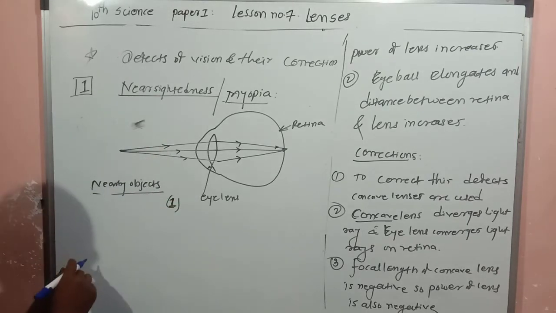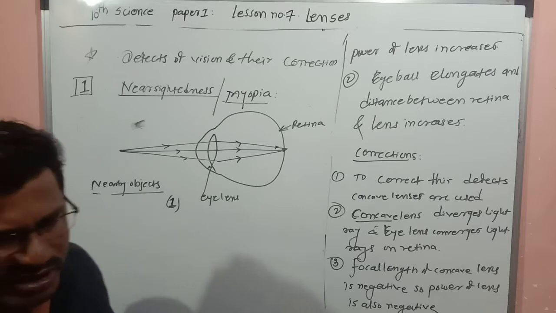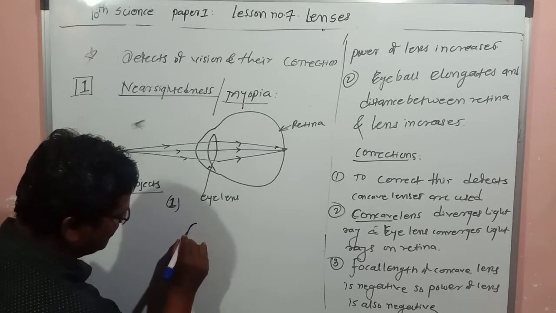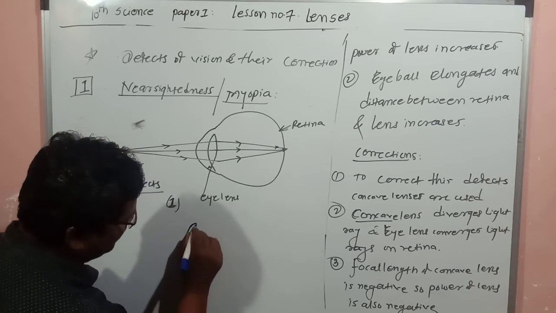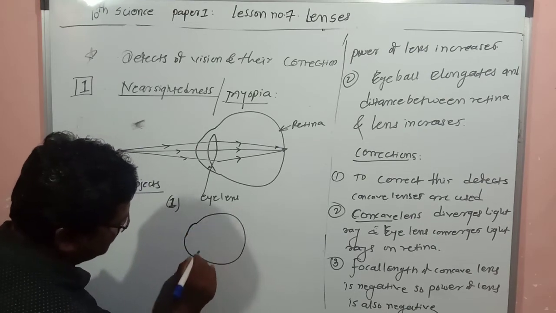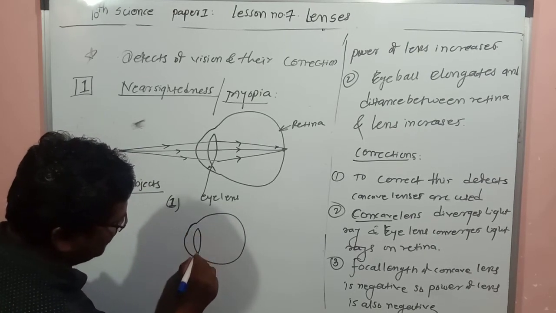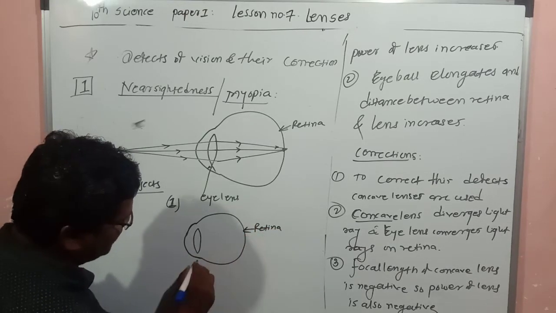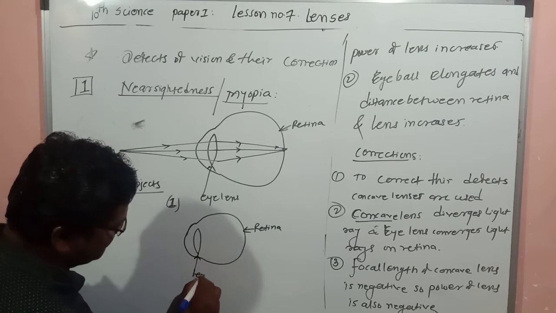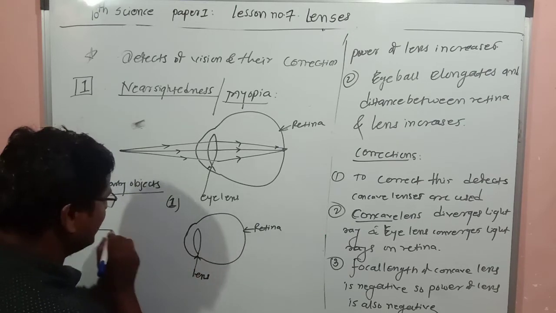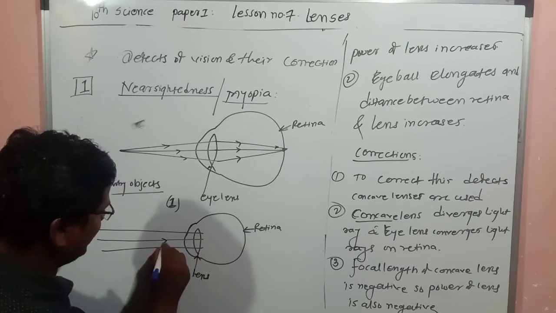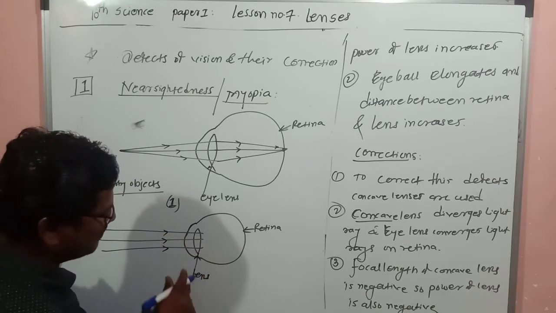Second diagram, for far away objects we have to draw the diagram. Suppose this one will be the lens, this one will be the retina, and light rays are coming from far away objects. Here is the problem. So what happens?